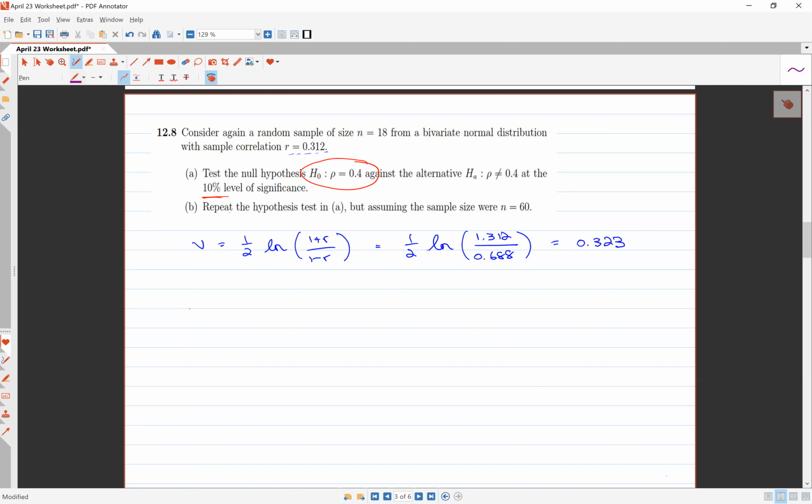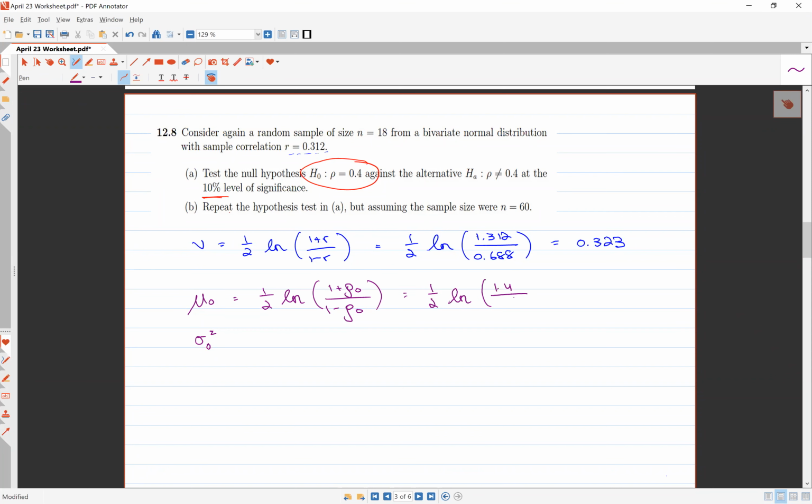Now we also need to calculate the mean and the variance of the test under the null hypothesis. So to emphasize that I'm using the null hypothesis value, I'm going to call them mu naught and sigma naught squared. Mu naught is exactly the same transformation, except using the value under the null hypothesis.